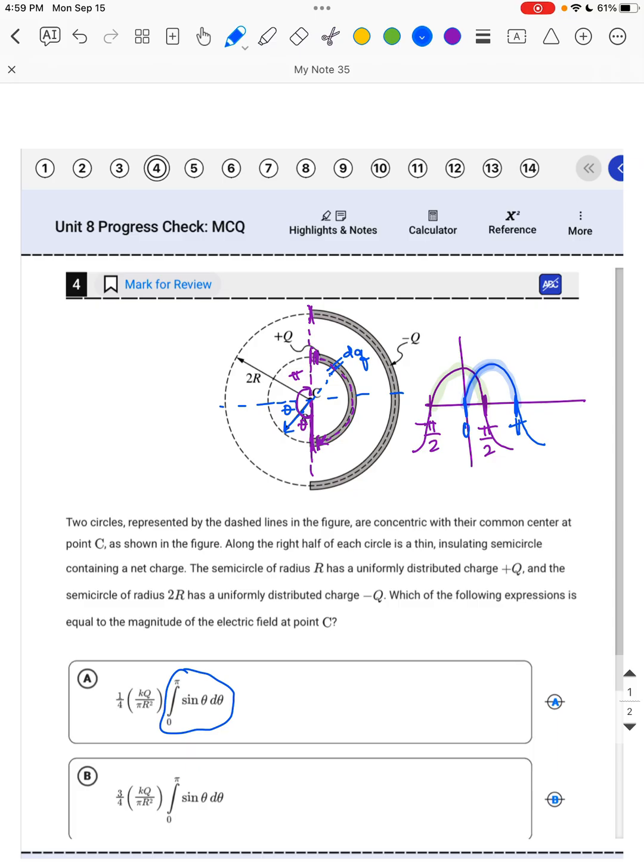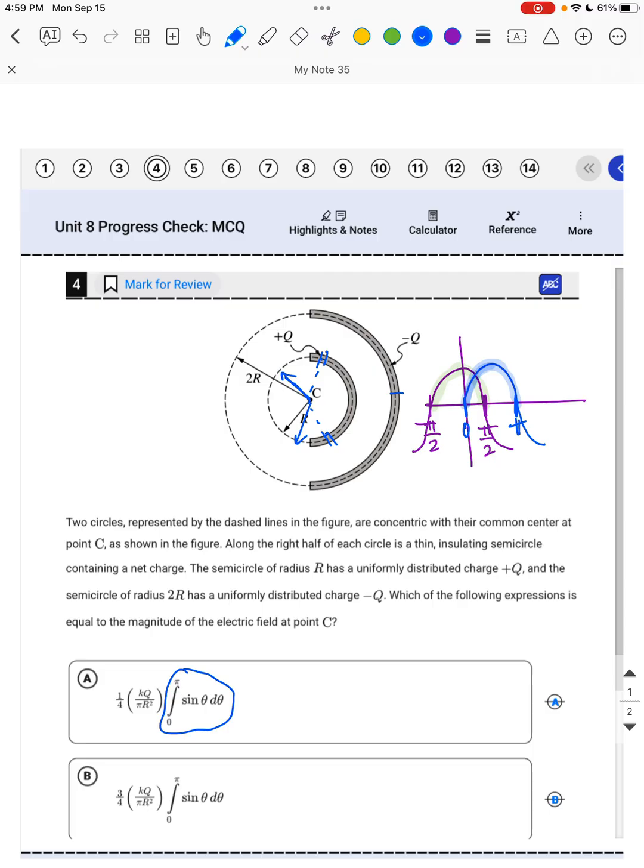Now let's talk about how to solve this problem. I'm going to erase all of this to clean it up. We can see that as we take pieces of charge from the symmetric sides of my electric charged ring, the y components cancel out.